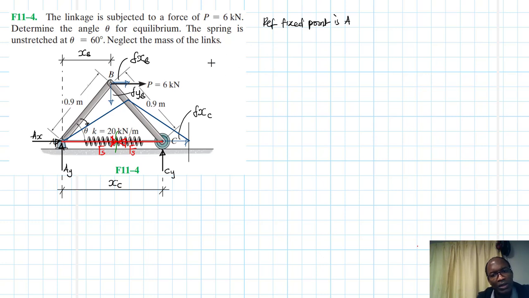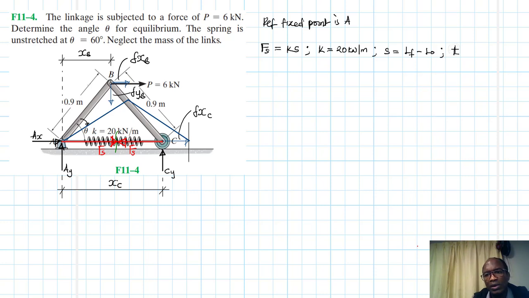Before we define this, let's define the spring force Fs. This is equal to the spring constant K times the stretch, and K is already given: K is equal to 20 kilonewtons per meter, and s is equal to L final minus L naught.